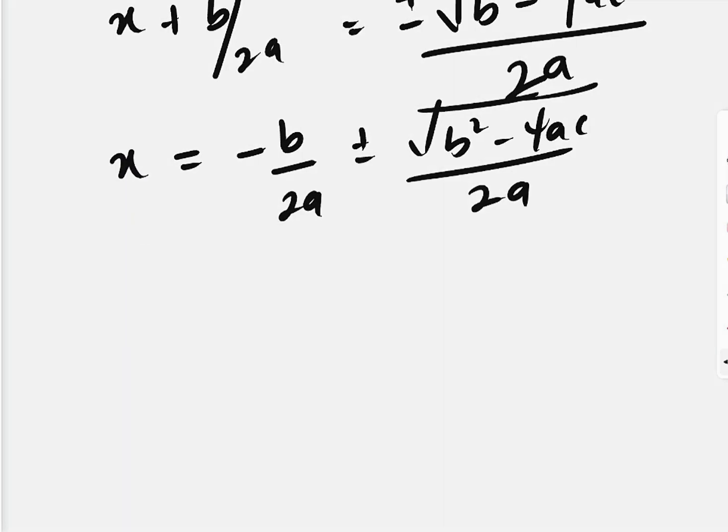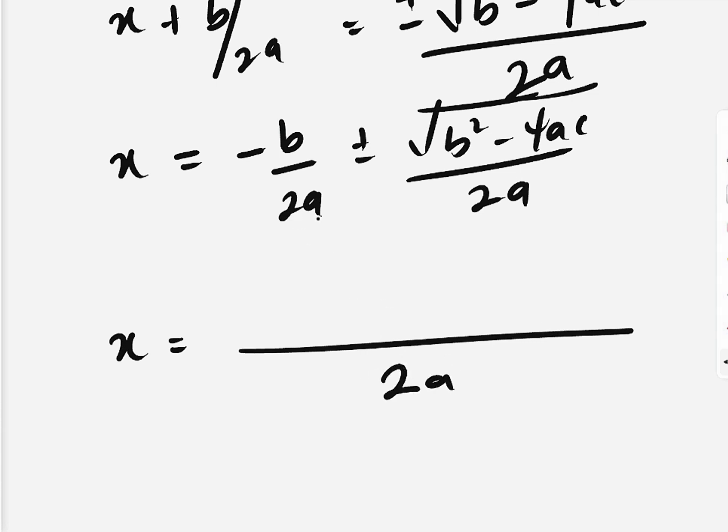So lastly, this should be the last step. X equals to, what's the LCM of this? 2a, 2 into a is 1, 1 times this, we have minus b. So we drop our plus and minus. 2a into a is 1, 1 times all of this numerator.